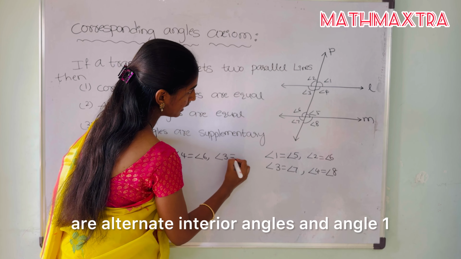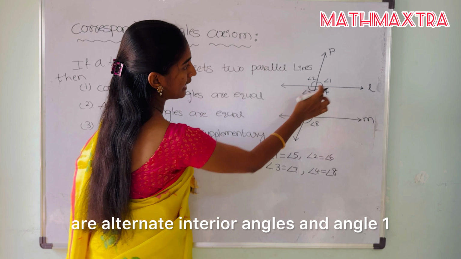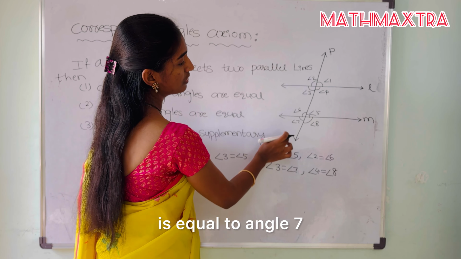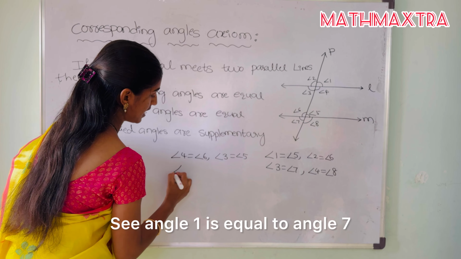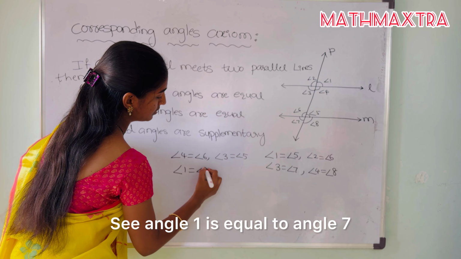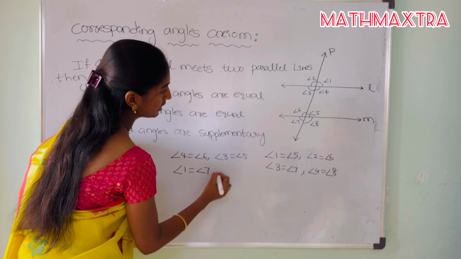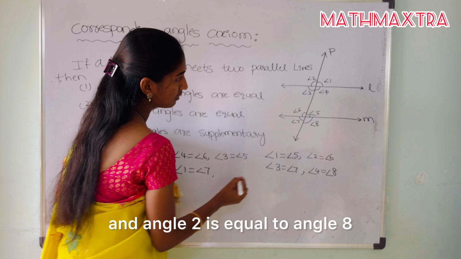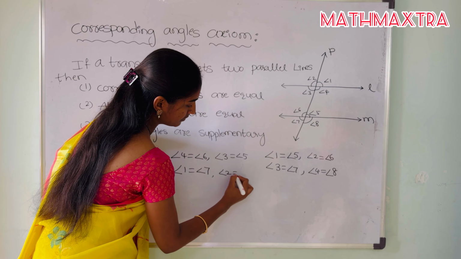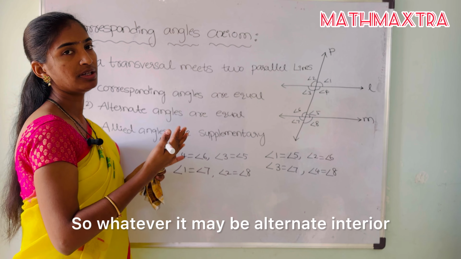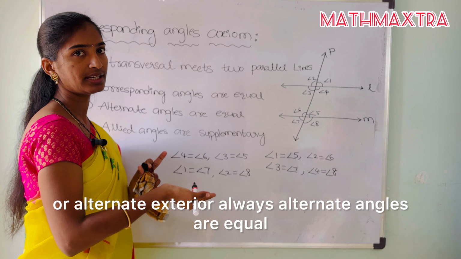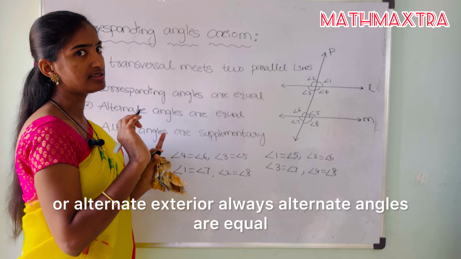These are alternate interior angles. And angle 1 is equal to angle 7 and angle 2 is equal to angle 8. These are alternate exterior angles.